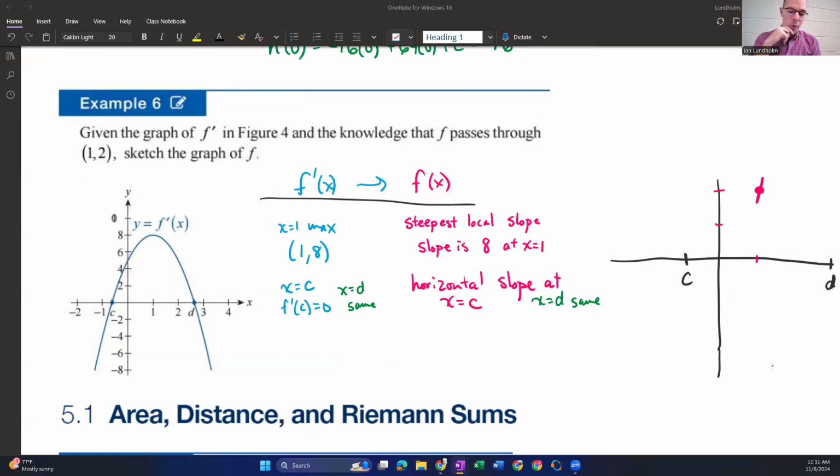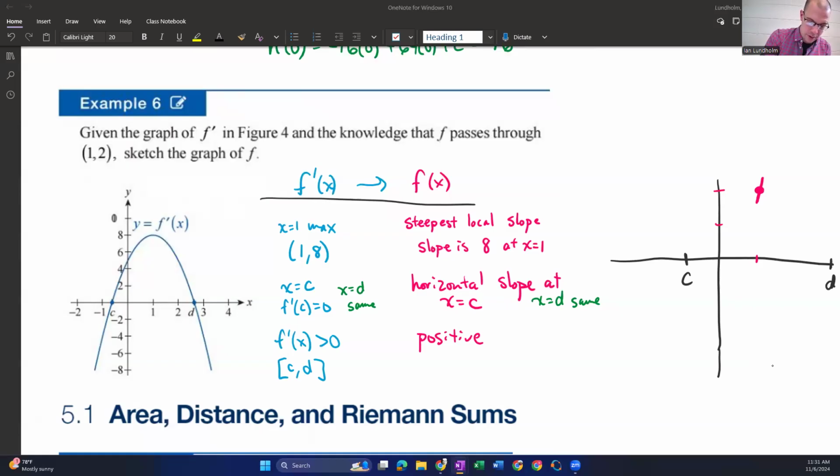Another thing to realize is that we have positive values. So f prime of x is positive on the interval C to D. And that means that we're going to have positive slopes going from C to D. I guess I should make this one an open interval.